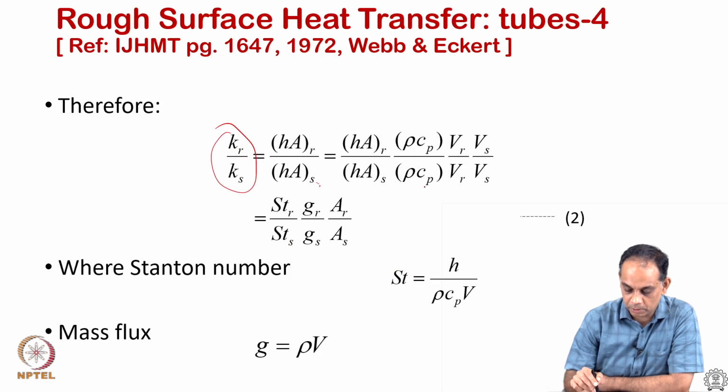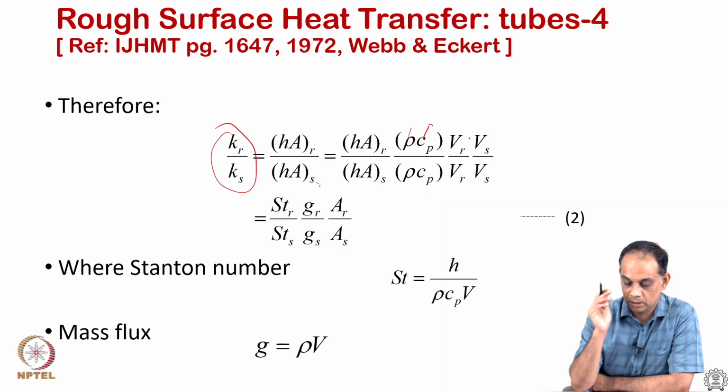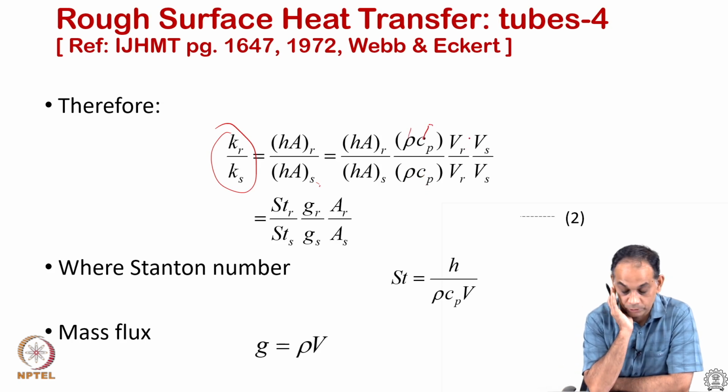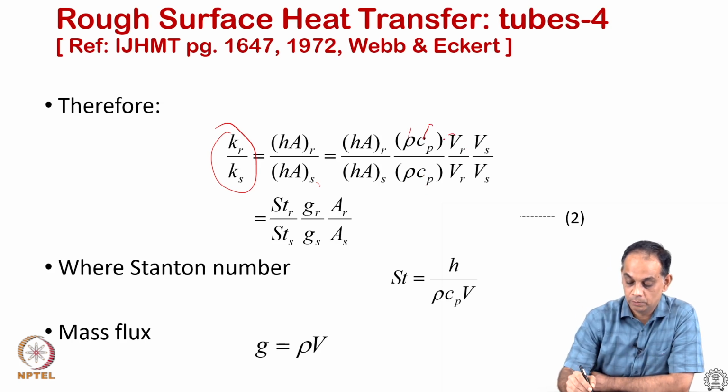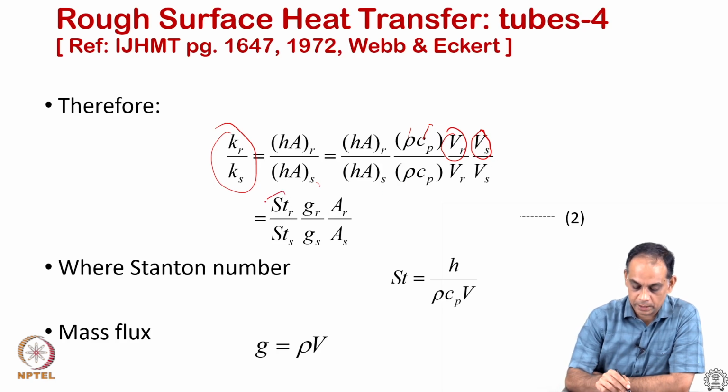We divide and multiply by rho. Rho is the density, Cp is the specific heat at constant pressure, Vr and Vs are the velocities of the flow in the rough tube and in the smooth tube. So, we multiply and divide by the same factors and group them into the Stanton number.